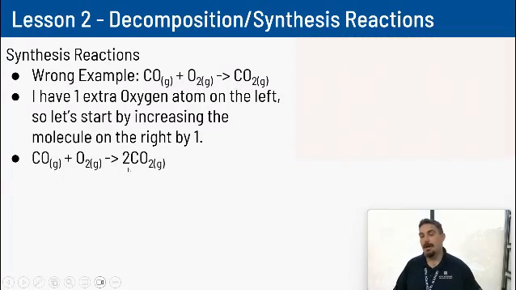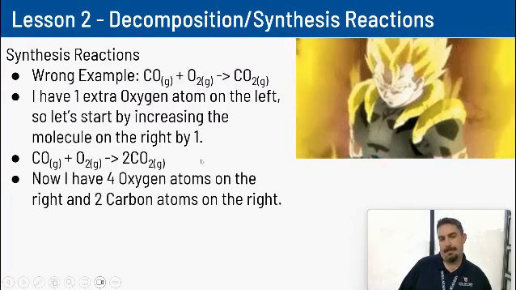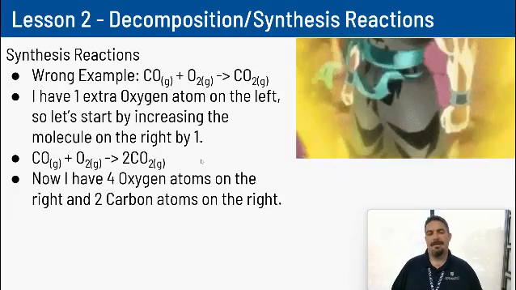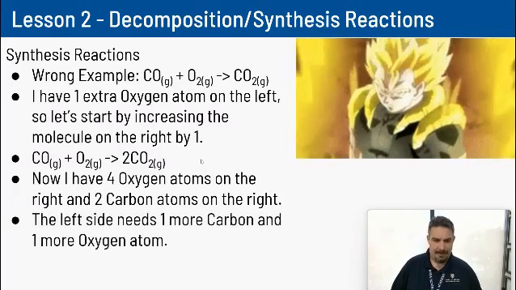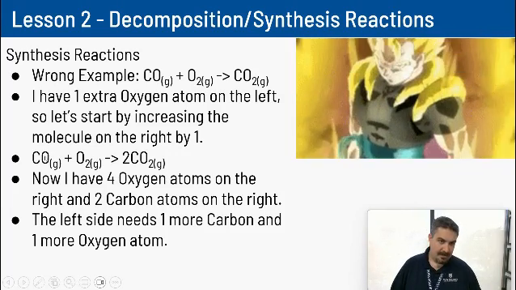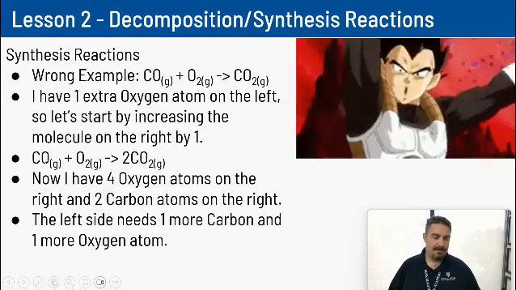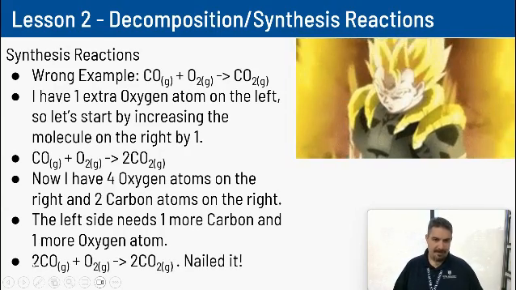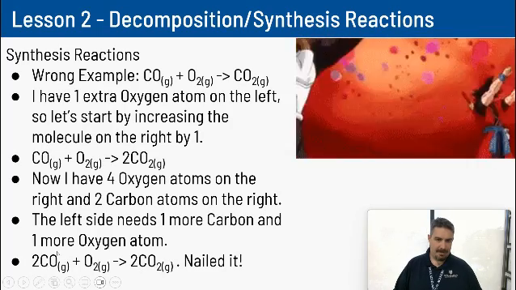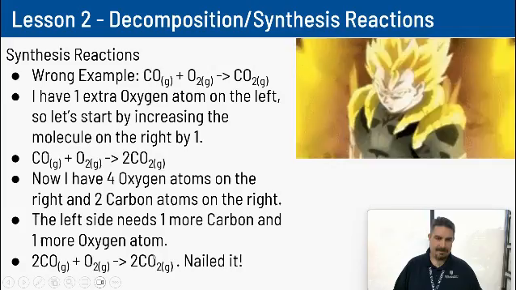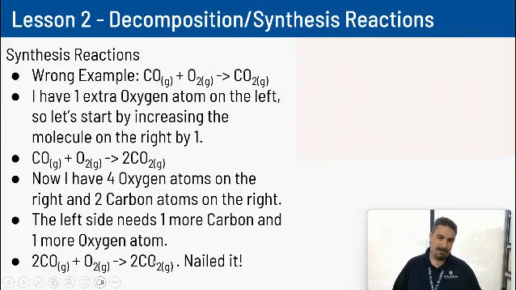So now there's 2 carbon dioxides. But that means you have 4 oxygen on the right and 2 carbon on the right. So we need 1 more carbon and 1 more oxygen on the left. That makes sense to us? So, well, there is a molecule that has carbon and oxygen. So we're going to double that one. Now we have 2 carbons, and then 2 oxygen plus 2 oxygen is 4 oxygen. This side has 4 oxygen as well. 2 times 2, 4.